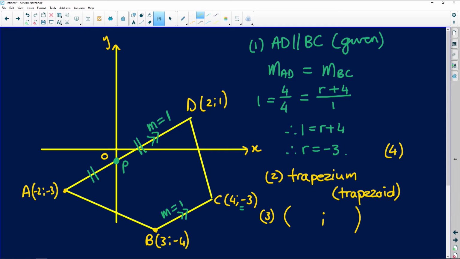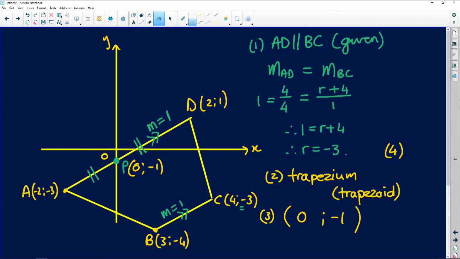Add the 2 y's and half. 2 minus 2 is 0. If I halve that, I get 0. And we could have seen it over here because it's on the y-axis. So 1 minus 3 is -2. Divided by 2 is -1. So there you go. 2 marks for number 3. 1 for the x-coordinate, 1 for the y-coordinate. Not a difficult thing. It's applying the midpoint formula.